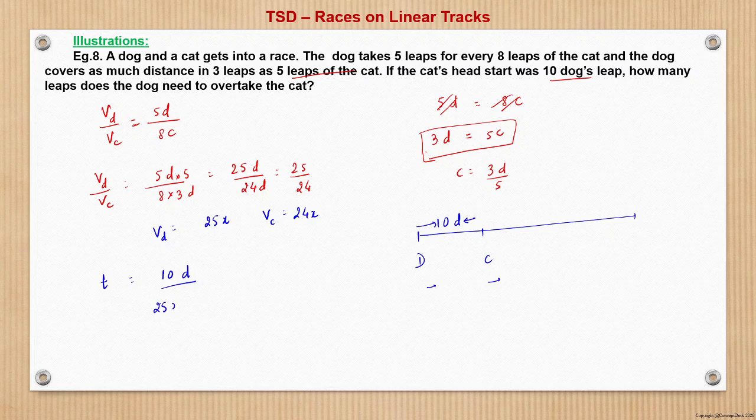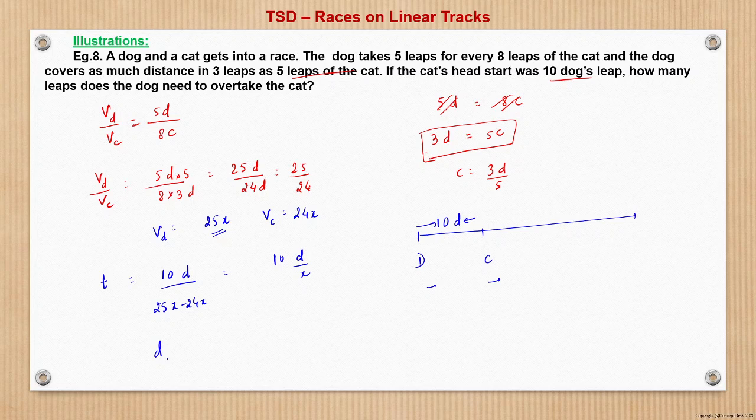So 25x minus 24x, which is 10D upon x. So how many leaps does the dog need to overtake the cat? So actually it means that the dog has run for time t to catch the cat, at a speed of 25x.